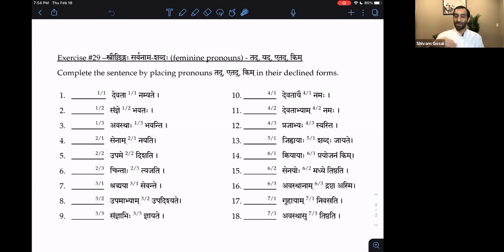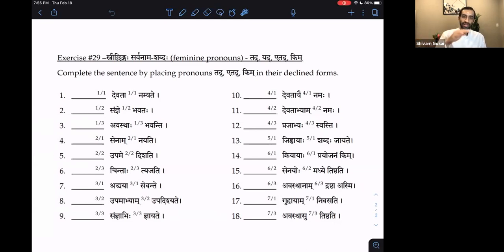Now, I'm not doing the whole steps, so hopefully you're following along. But this is karmani prathama to namyate. It's the first case in the sense of object of the salutation, right? So what is saluted? Devata is saluted.